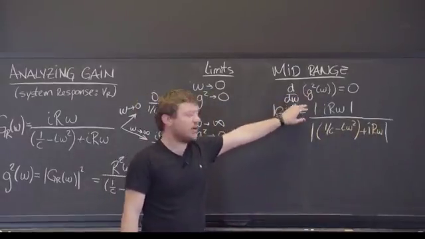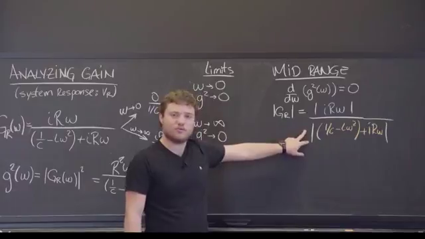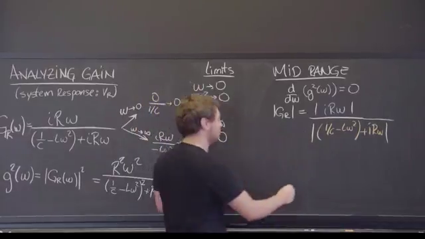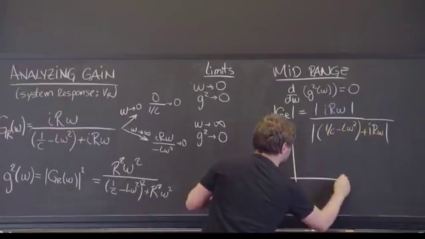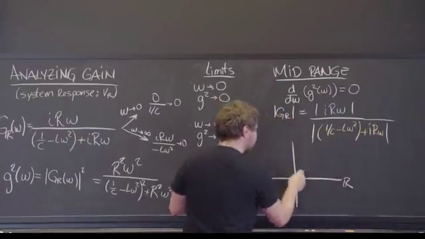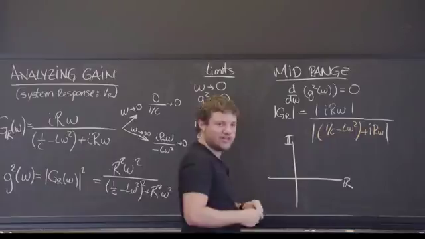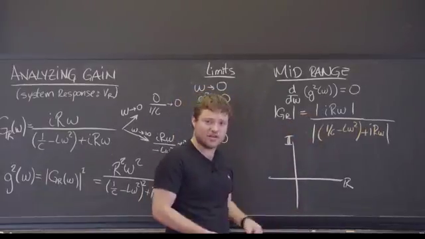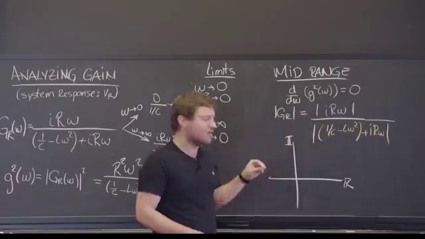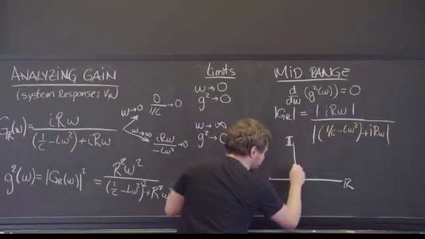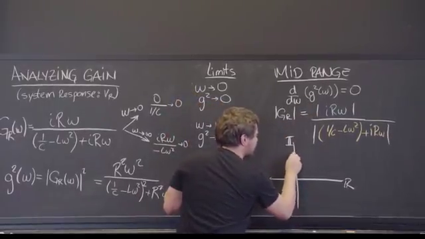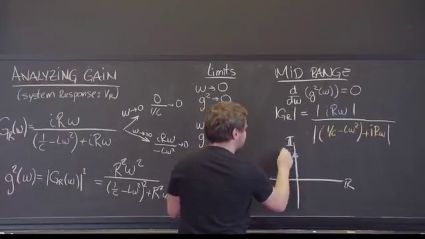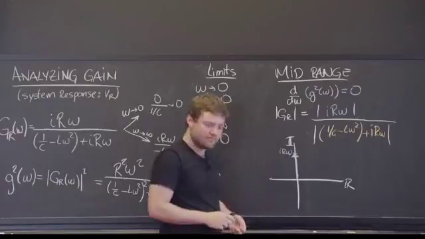Now we're comparing the magnitude of two complex numbers. So let's draw that in the complex plane. Here is the real axis, and here is the imaginary axis. The numerator is a purely imaginary number, I r omega. So we plot that on the imaginary axis, and this is the value I r omega.